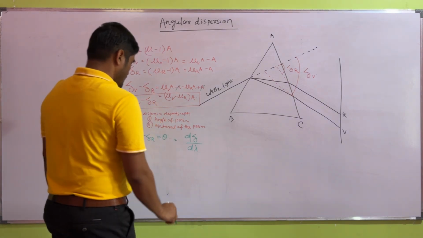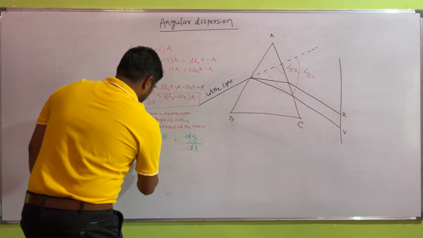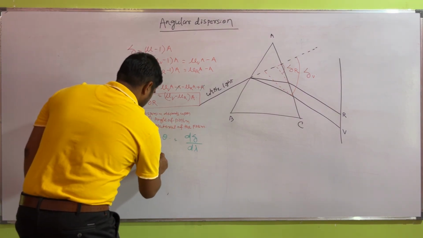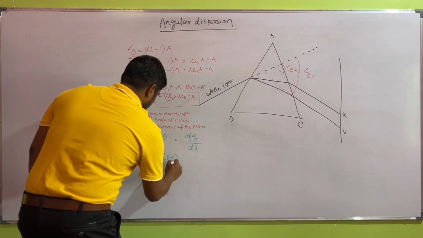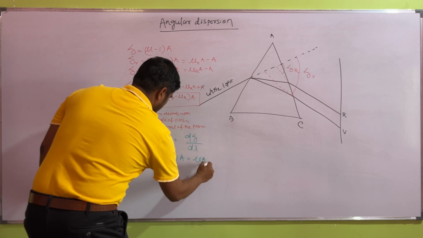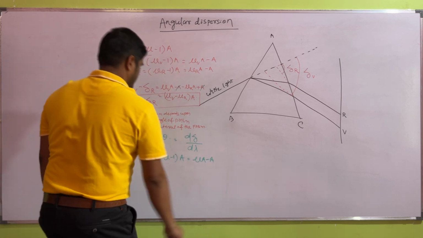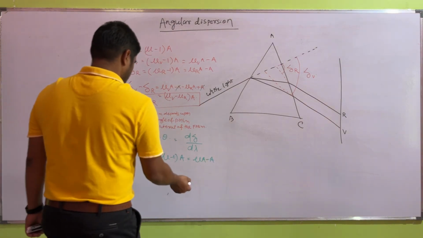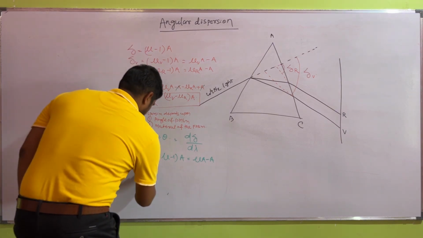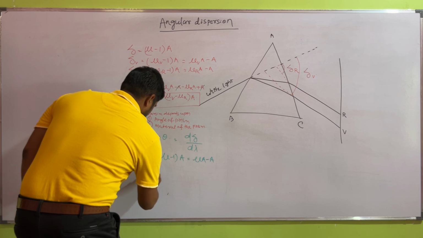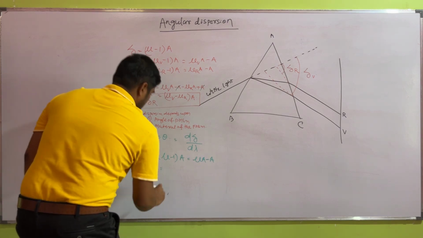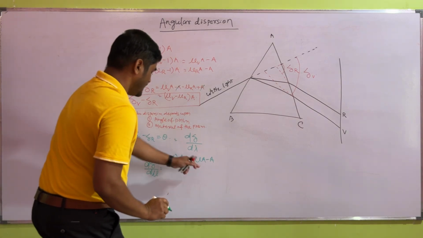And from the angle of deviation delta, the formula is (mu minus 1) into A, that is mu A minus A. So we can write the derivative of angle of deviation, d delta divided by d mu, and this will be A.